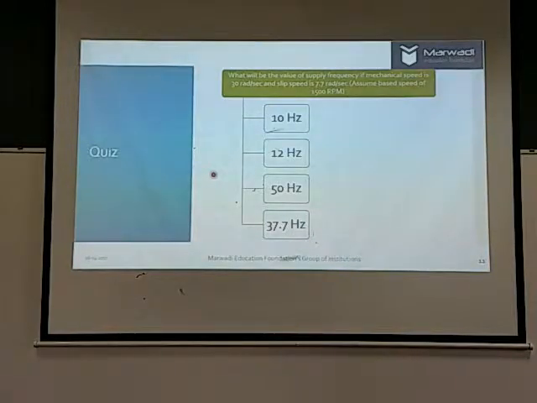So this is the quiz for you: what will be the value of supply frequency if the mechanical speed is 30 radian per second and the slip speed is 7.7 radian per second, assuming that the base speed is 1500 rpm?